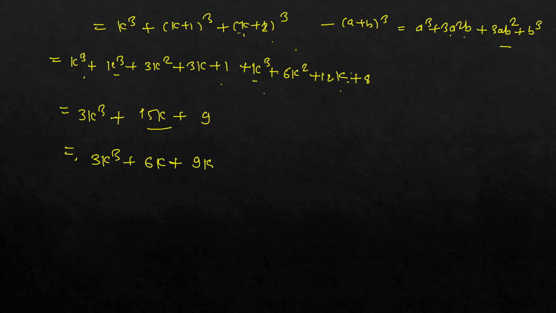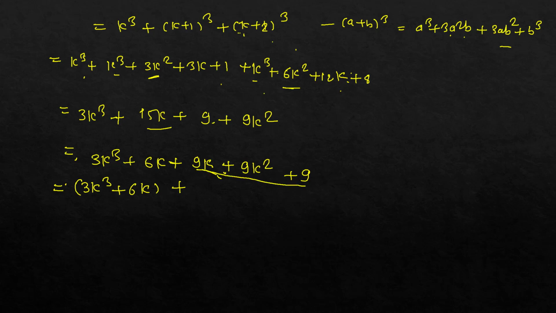And there will be one more value, that is k square: 3k square and 6k square, so we get 9k square, plus 9 is equal to 3k cube plus 6k. This is one term, plus the remaining terms, from the last three terms, the first, second and third terms, take 9 as a common term. So within the bracket we get k square plus k plus 1.